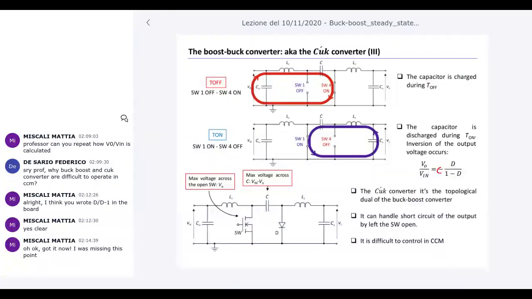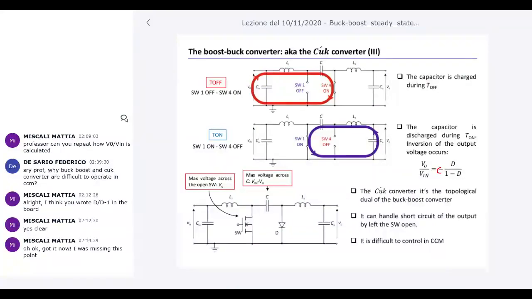And this means that you have some problems. So take into account my discussion here. The boost in CCM cannot be easily controlled. Sometimes you can do that, but only in very specific situations.